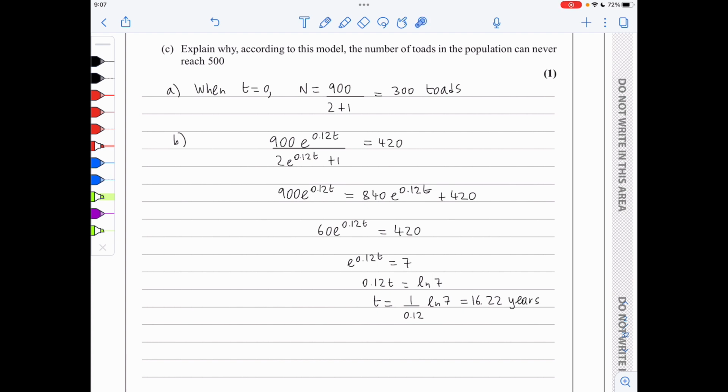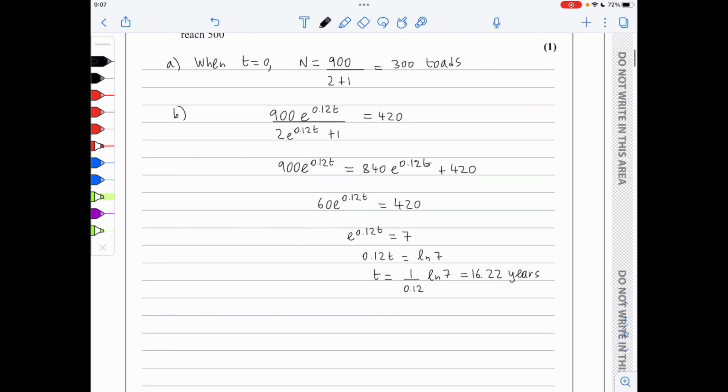Finally, in part C, we need to explain why, according to the model, the number of toads will never reach 500. We need to consider the long-term behavior of capital N. So we say that as t tends to infinity, capital N tends to 900 e to the 0.12t over 2e to the 0.12t.